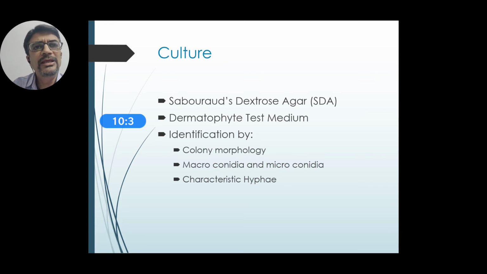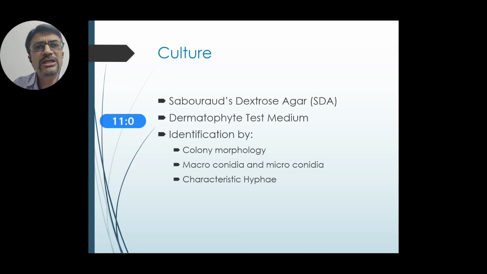There are three things which would help us to identify the various genera and species of the dermatophytes. First is the colony morphology, how they grow on the Sabouraud agar. Second, the macro and microconidia. These are nothing but the asexual spores of the fungus. If it is unicellular, we call it microconidia.